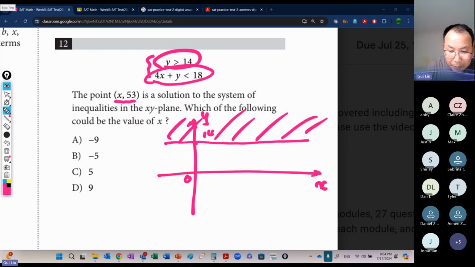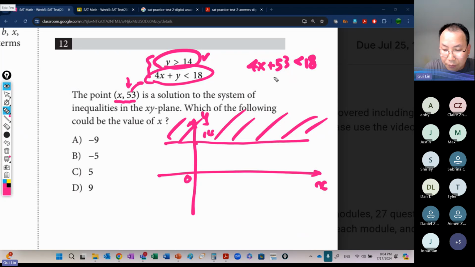Second, this one. Let's put the point in here because it is a solution. So 53. 4x plus 53 less than 18 makes sense. y equals 53 greater than 14 also makes sense. Second one gets here.